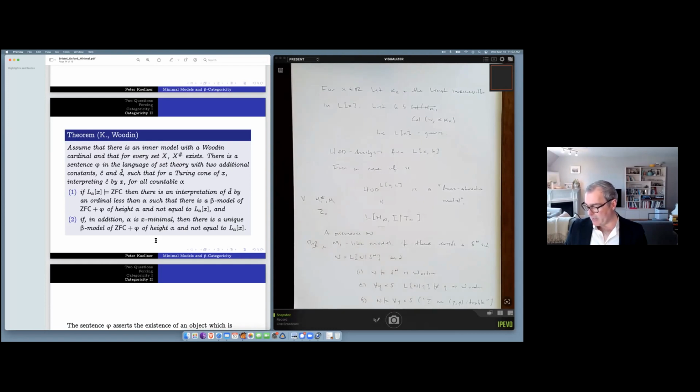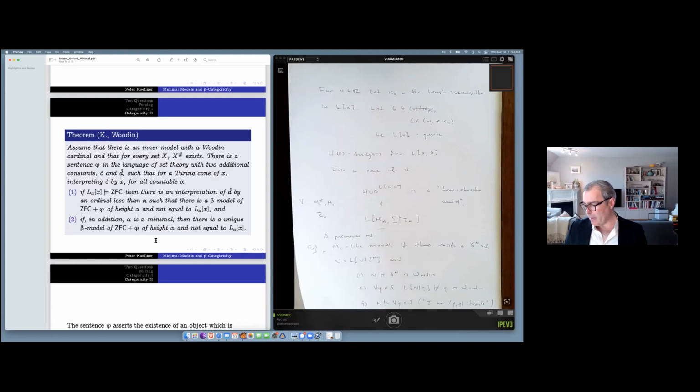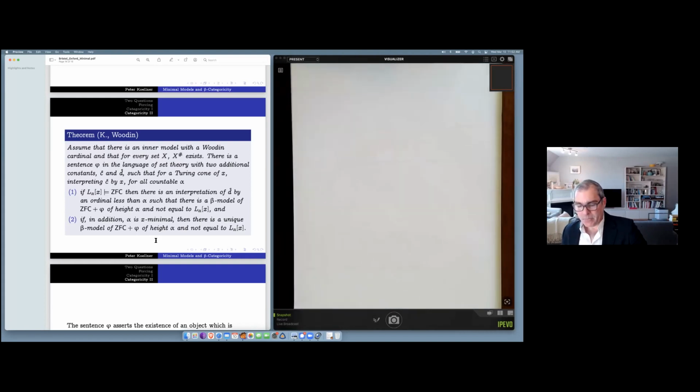And remember, I said earlier that Woodin cardinals are a mixed blessing. One way in which they're problematic is that they show that these M1-like models can't know too much of their iteration strategy. And the reason has to do with the genericity iterations.